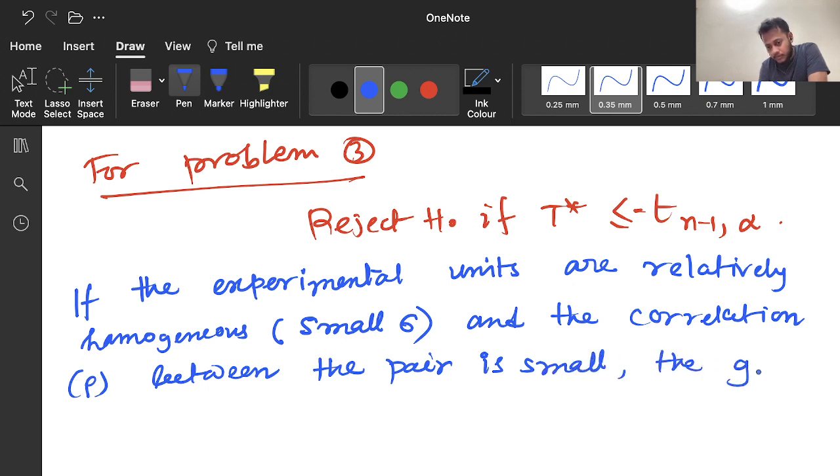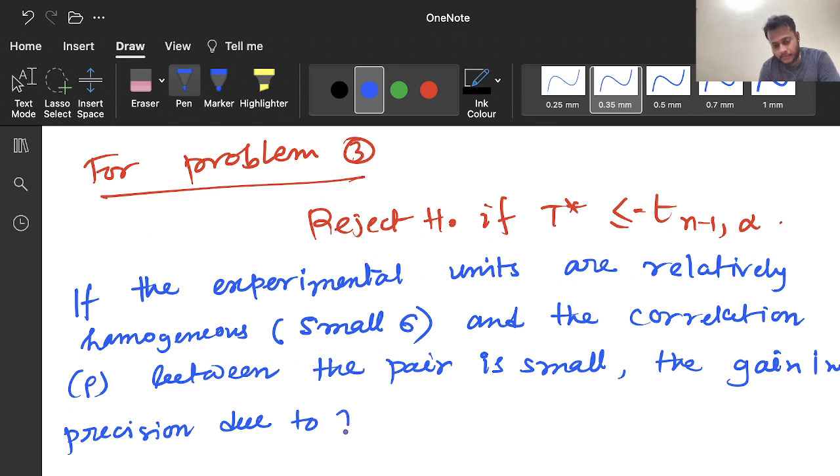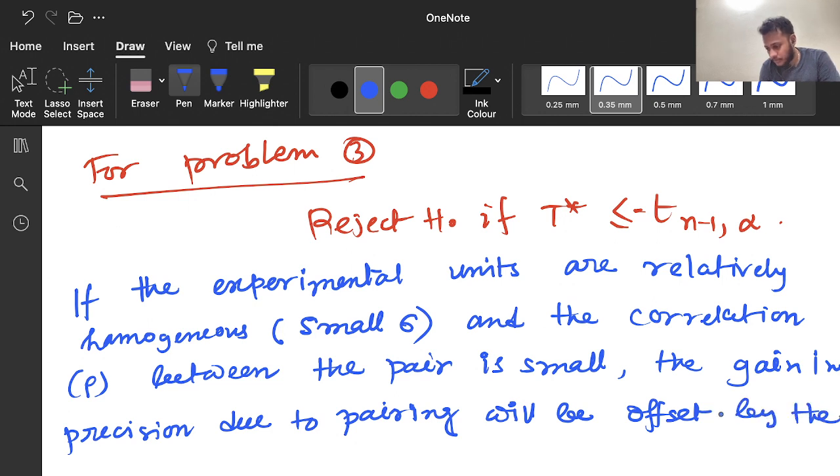the gain in precision due to pairing will be offset by the loss of degrees of freedom.